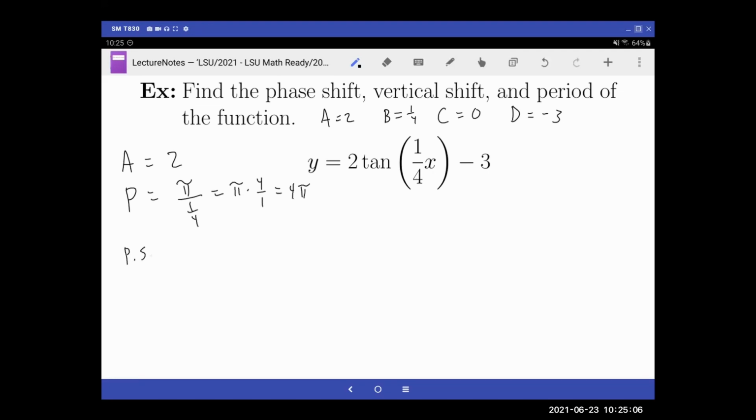The phase shift is -c/b. Well, 0 divided by a number is going to be 0. And the vertical shift is -3.